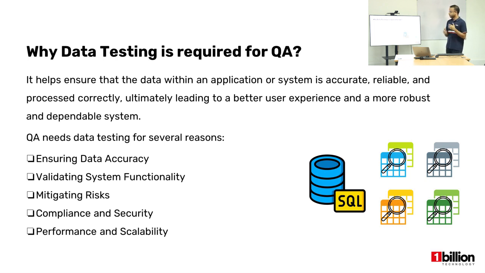When you do a migration, for example, as QAs we can identify whether this migration is going smoothly or not. To do that, we need to check what the bottlenecks are and what issues we are facing during a migration. So yeah, mostly that.